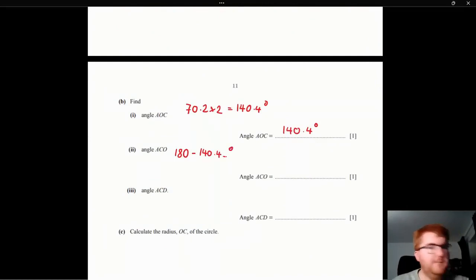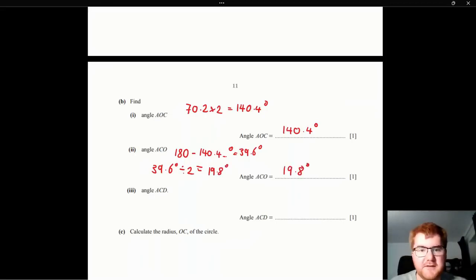Let's quickly do that one here. 180 minus 140.4 gives us 39.6 degrees. And then because it's an isosceles triangle, we divide that by 2. That gives us 19.8 degrees for that angle.